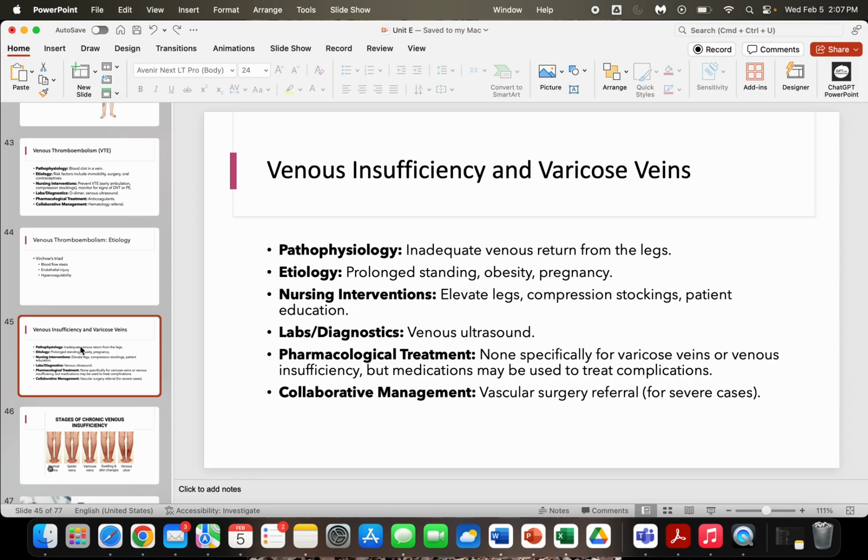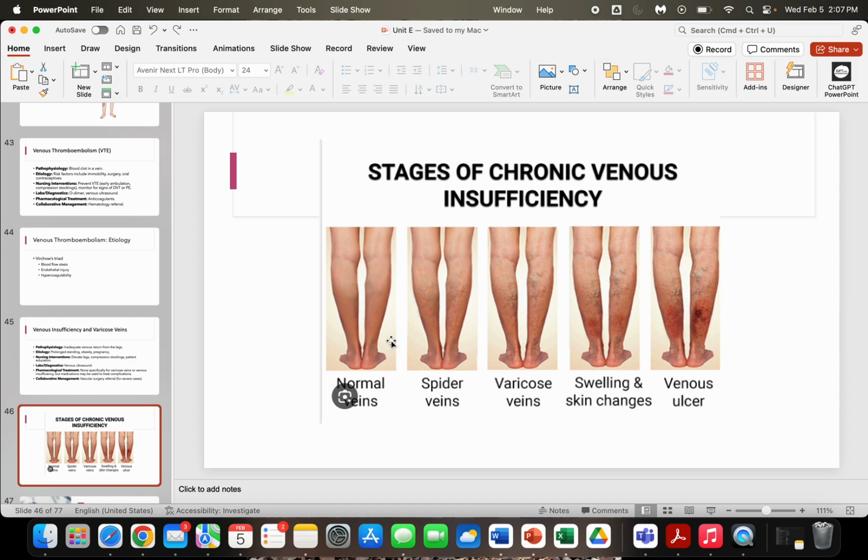So those people who are standing a long time, even nurses, like you're working 12-hour shifts, you're up on your feet, pregnancy, what we're trying to do is elevate those legs, put compression stockings on. Lots of times what we're doing is ultrasounding to see if that venous blood flow is impaired, right? But what you're likely to see on these types of people is they're developing venous ulcers and really significant varicose veins or spider veins.